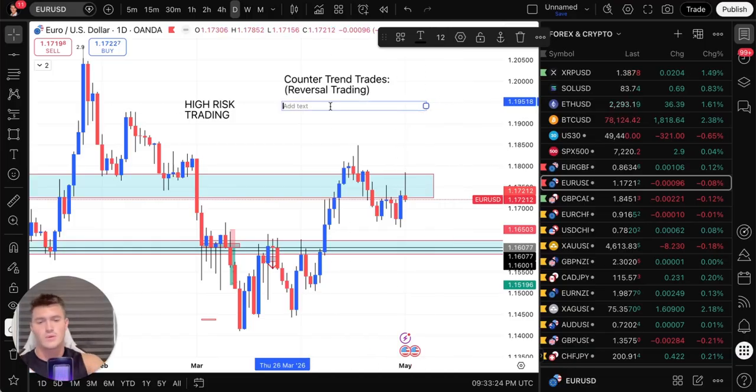So, what is a counter trend trade? Pretty self-explanatory, but a counter trend trade is trading against the trend. Trading against the trend of the market.